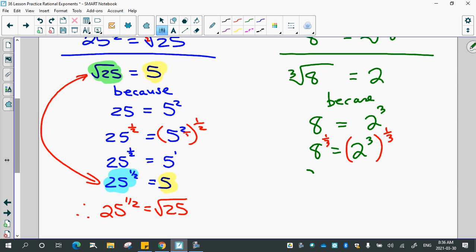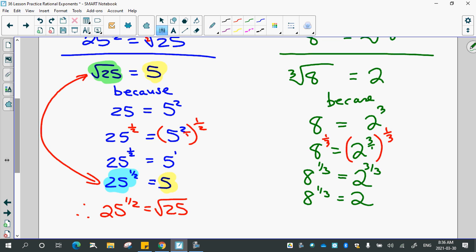So we get that 8 to the power of 1/3 is equal to 2 to the power of 1, because 3 times 1/3 is 1. So 8 to the 1/3 is equal to 2 to the 1, or 2.